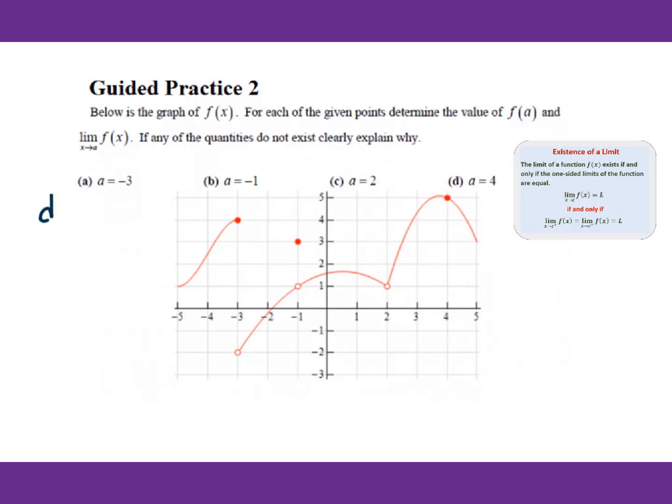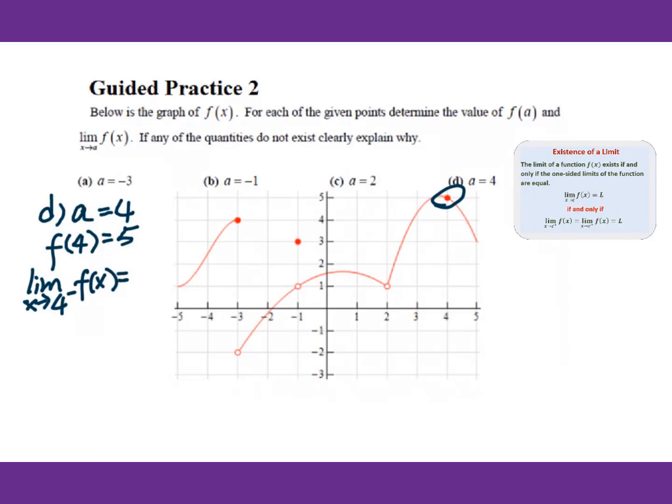Now let's go to D. A equals 4. F of 4 is here. That is 5. Limit as x approaches 4 from the left side of f(x): check the graph from the left side approaching 4. You will get 5.